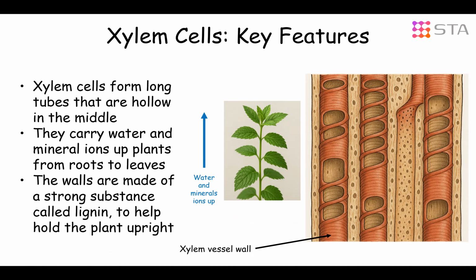Obviously, in a very strong storm, it might. But otherwise, plants in their stems have xylem cells or xylem vessels, and they contain this strong substance called lignin in their walls to hold them upright and carry water and mineral ions up.